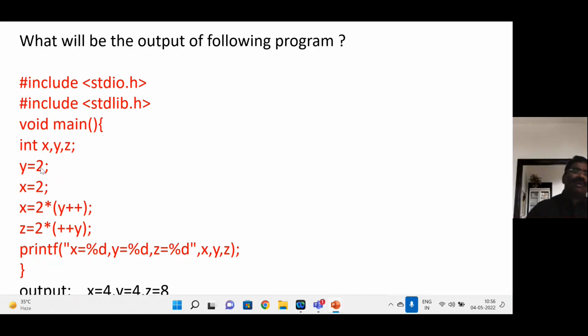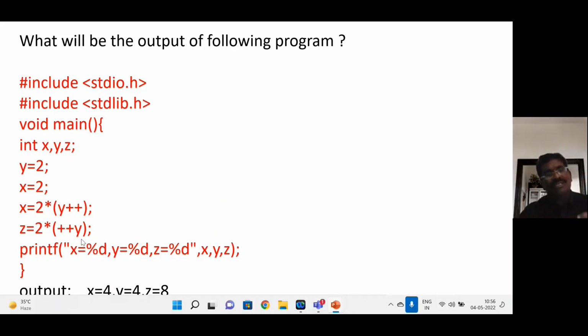That means here y++ means the y value is 2, so 2 into 2 is equal to 4, and x gets 4 when assigned. And z is equal to 2 into ++y, which is 3, so 2 into 3 should actually be 6, but here we are getting 4 only. That means when you are using 2 into 2, only this will be performing operations.